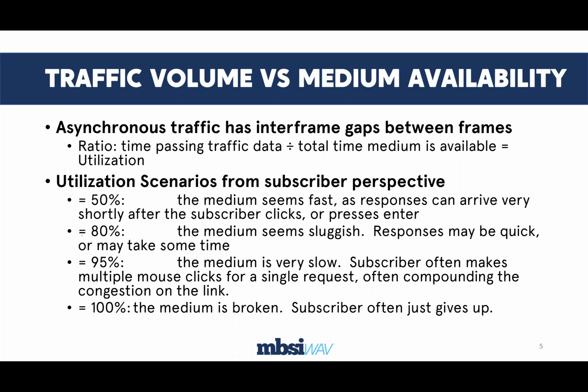And if we have enough people on our network doing this, then we can approach this 100% utilization value. And at that point, I can't start a new conversation. So anybody who wants to come on the network with something new, of course, they are shut out. They will not be able to join the network.